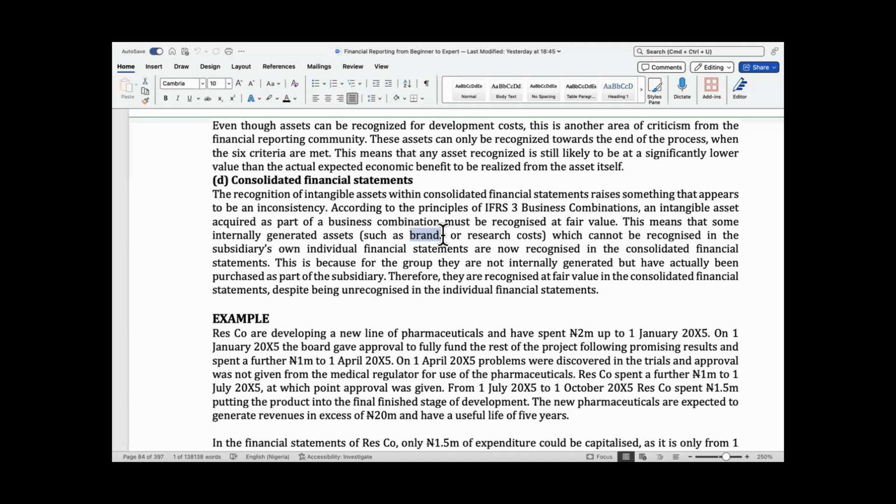Because truth be told, there's nobody here that doesn't know GTMAP. If you go to their financial statements, that brand, that name is something. That name is adding value to that company, is bringing in benefit. But if you go to their financial statements, you will see that they don't have any brand name as part of their assets. Because IAS 38 says that we cannot measure it reliably. We don't know the benefits we will get from it.